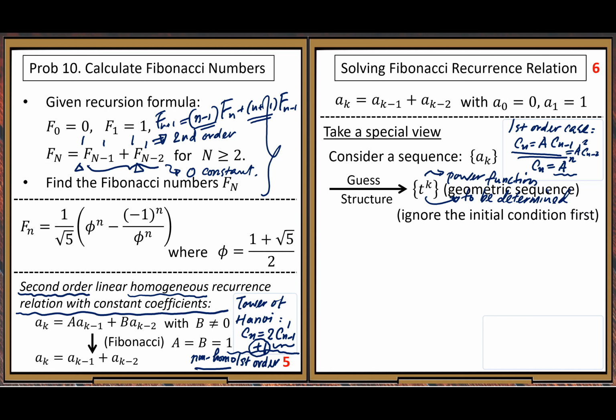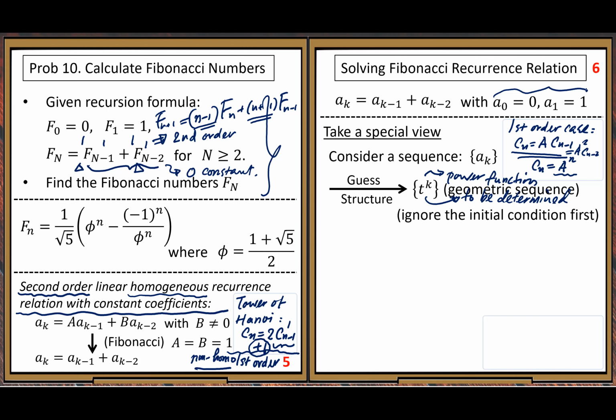Now let us determine the t value. When we determine t, for simplicity, we can ignore the initial condition, to avoid any complexity.